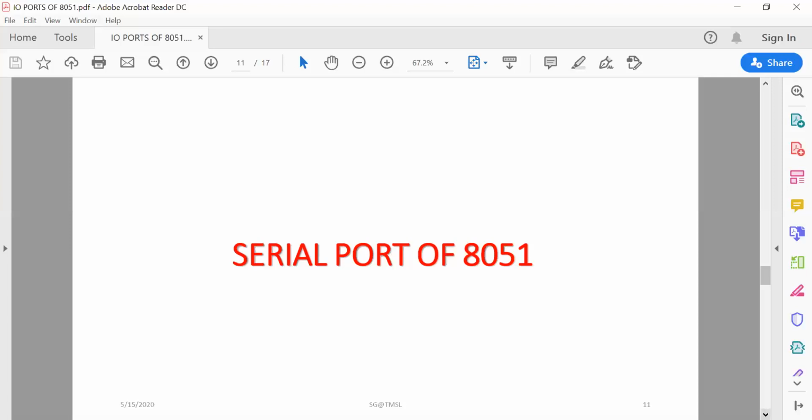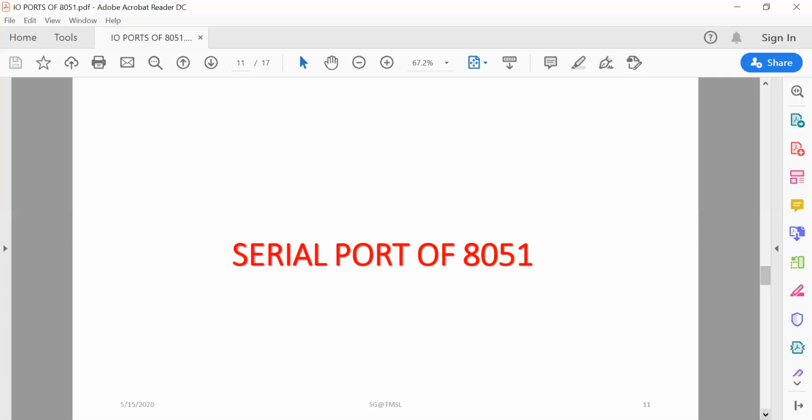Though there is only one name for this register, SBUF, there are actually two separate physical registers: one is the transmit buffer, another is the receive buffer. These two registers are differentiated by the microcontroller as per the operation being performed. So when SBUF is read, the receive buffer is accessed, and while transmitting, the transmit buffer is accessed.